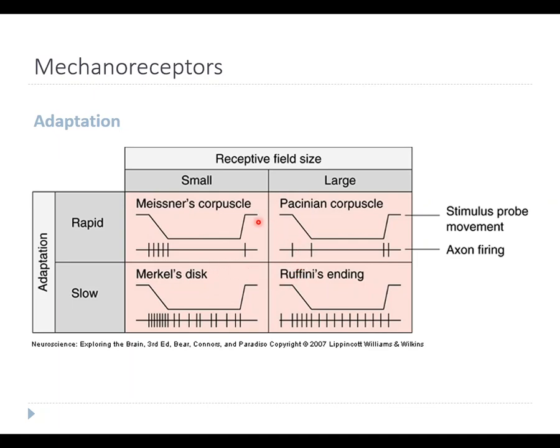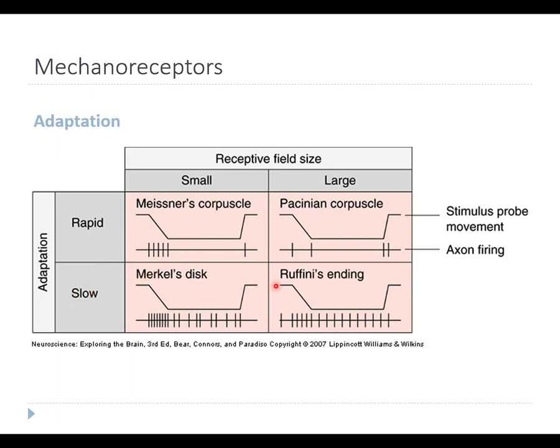So that's how the four different touch receptors in the skin are classified. By the size of their receptive field, Meissner's corpuscles and Merkel's discs have small receptive fields, whereas Pacinian corpuscles and Ruffini's endings have large receptive fields. And then Meissner's corpuscles and Pacinian corpuscles have rapid adaptation, while Merkel's discs and Ruffini's endings have slow adaptation.